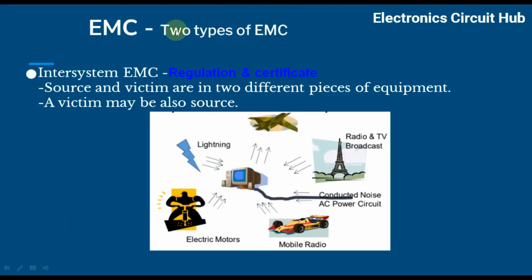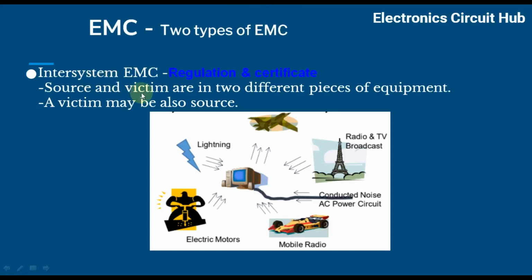So basically there are two types of EMC in the product. If you talk about your product, it can have two types. First, inter-system EMC. In inter-system EMC, you have to comply your product with regulation, and you have to get your certificate to pass this inter-system EMC.